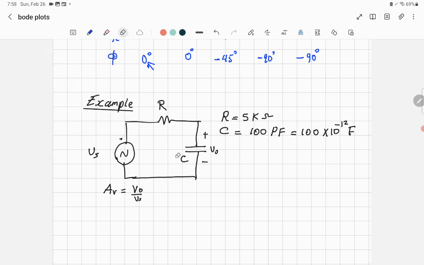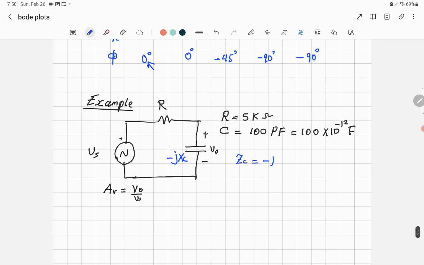Well, the impedance of the capacitor is equal to minus jXC, and you know XC, the capacitor reactance, is equal to 1 over omega C. So in terms of frequency, it would be minus j times 1 over 2 pi fC.